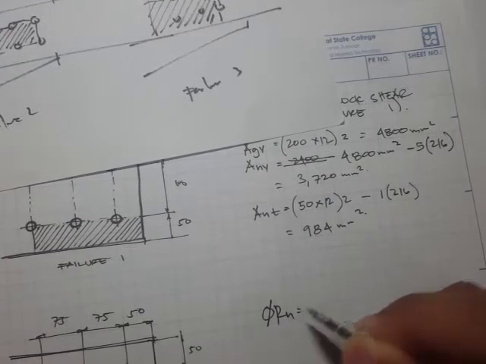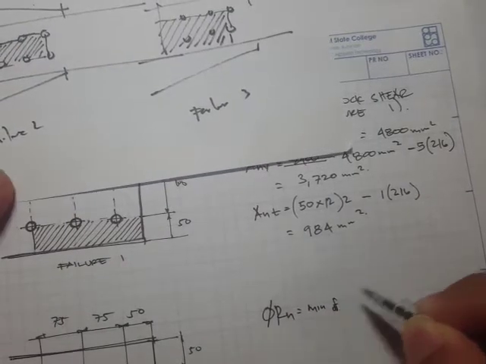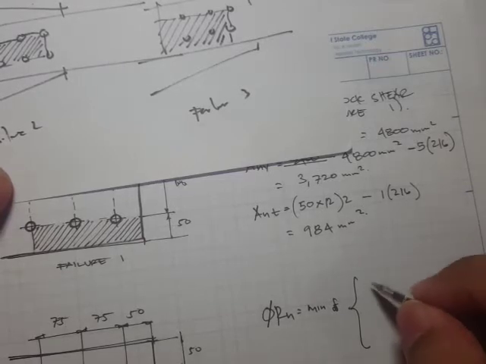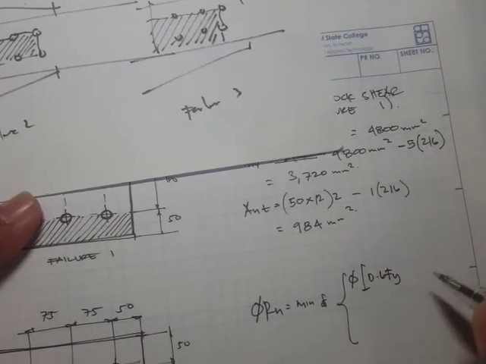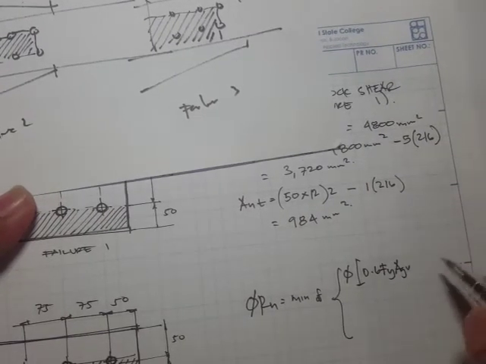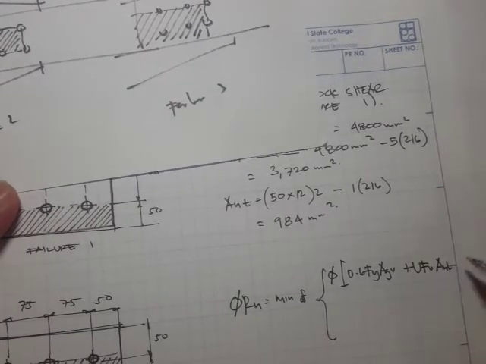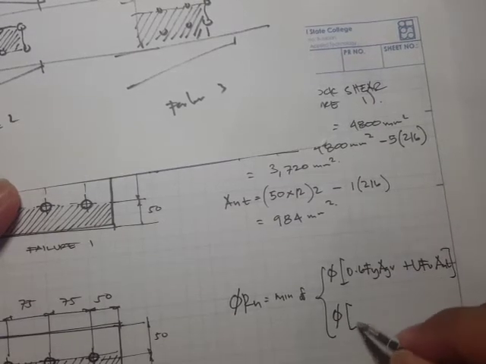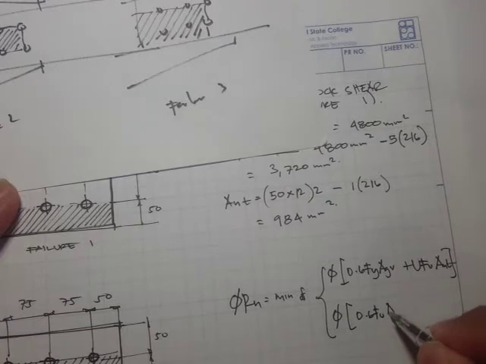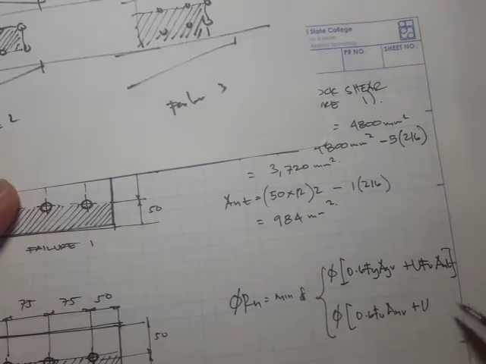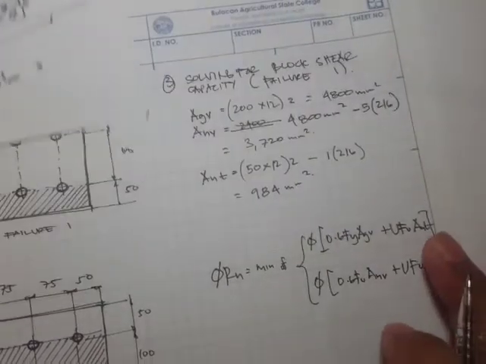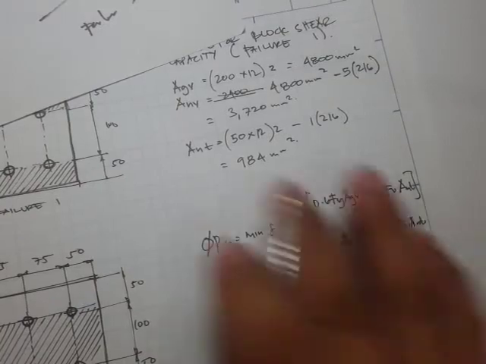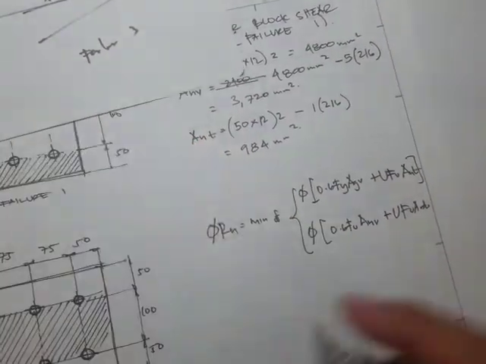Phi Rn is equal to the minimum of phi times 0.6 Fy AGV plus U Fu Ant, or the other condition can be 0.6 Fu Anv, the net shear, plus U Fu Ant. Okay, so I guess we'll have to solve first separately so that we can save space.